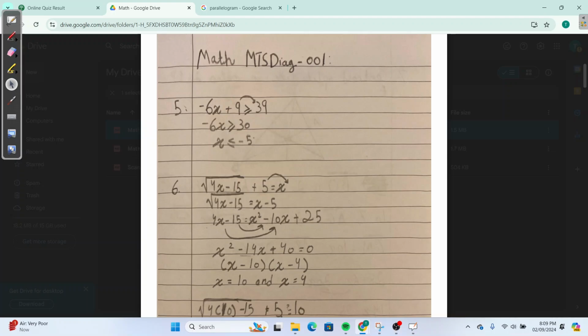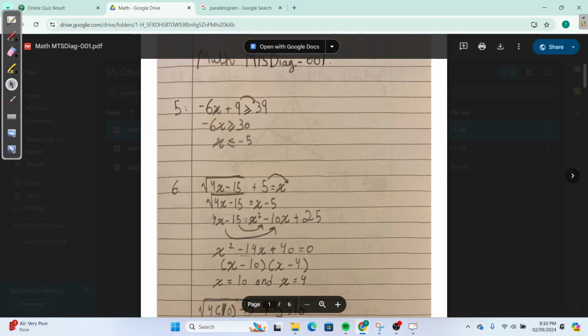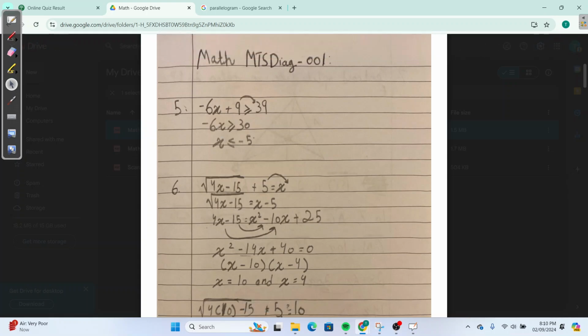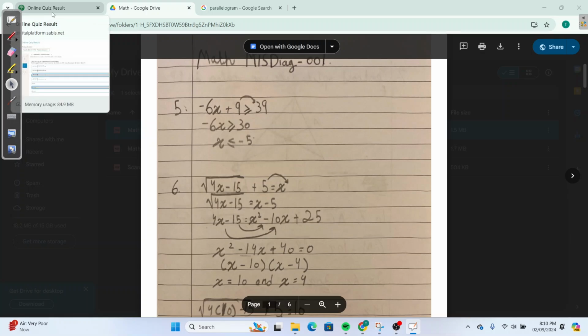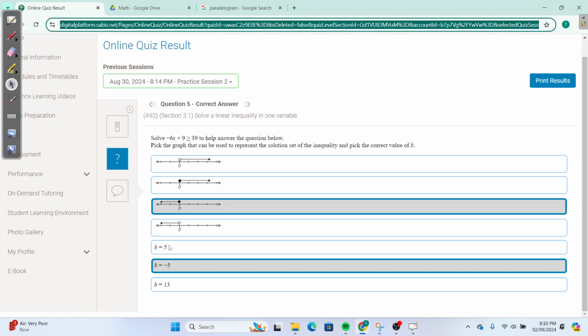Now you have to remember, if you're dividing by a negative number, like negative 6x, negative 6y, anything, you flip the inequality. So this greater than or equal to changes into a less than or equal to, and vice versa. If you were to have a less than or equal to, it would change to a greater than or equal to. So our x would be less than or equal to negative 5.